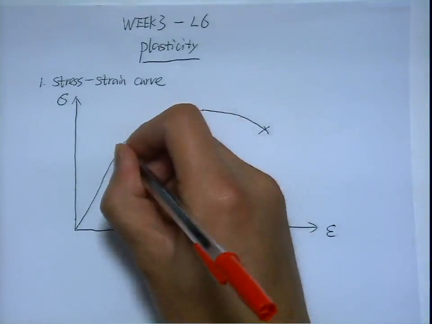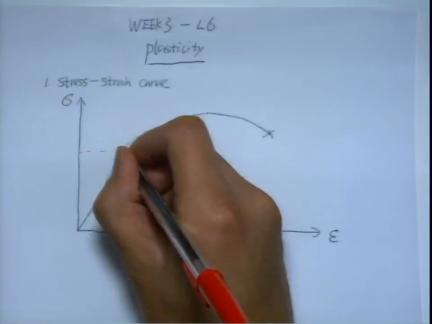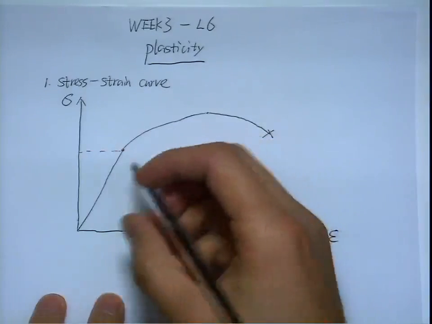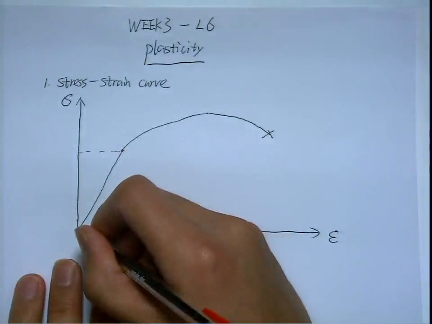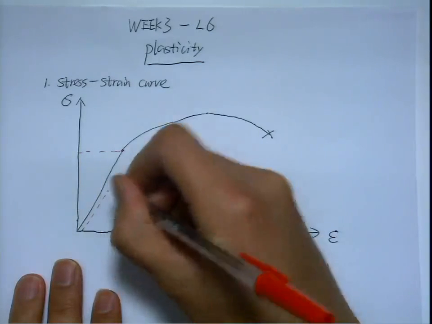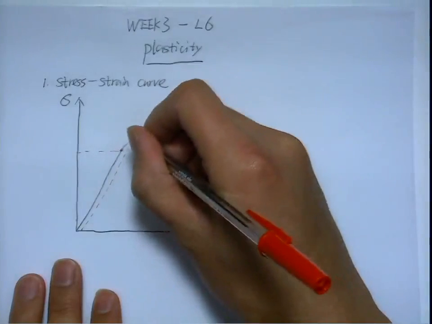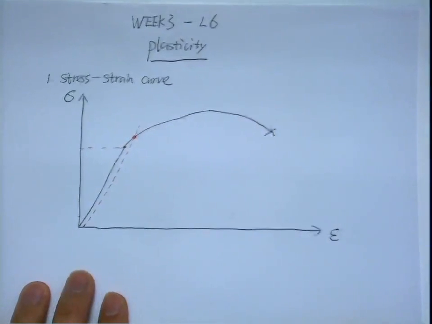So let's first look at this yielding point. This is probably not the right interpretation. Most of the time, what we do is draw an offset line which is parallel to the initial linear elastic line. And there's an intersection here.